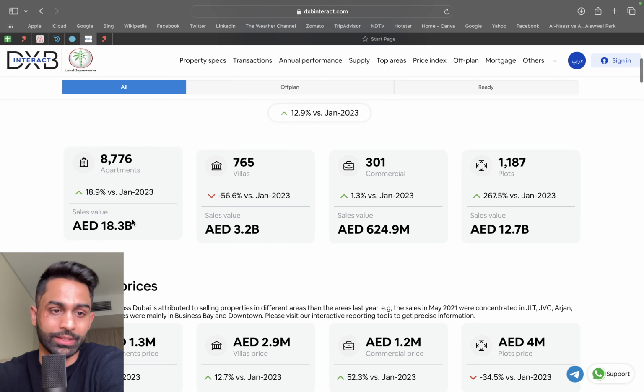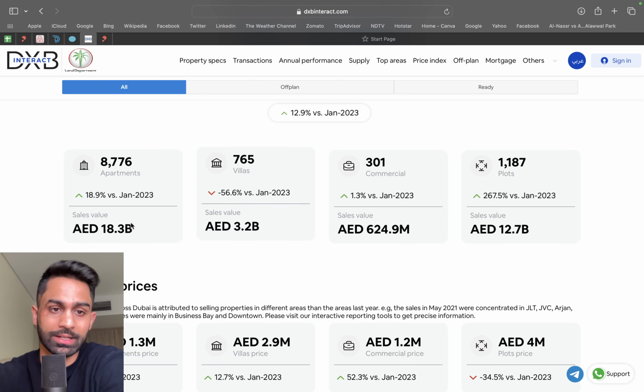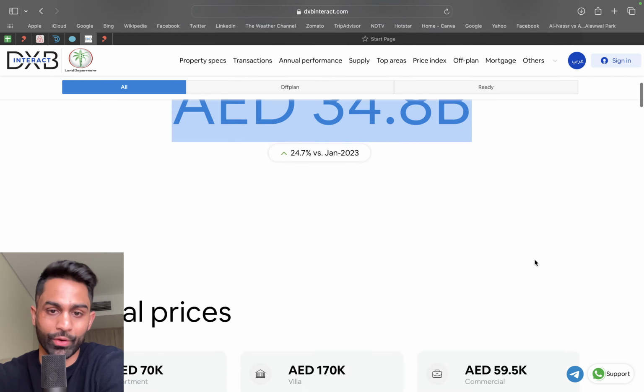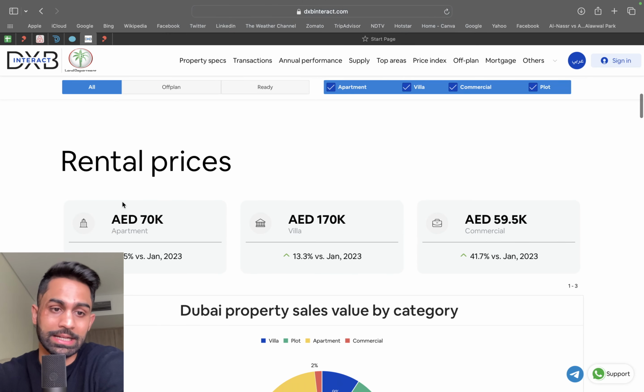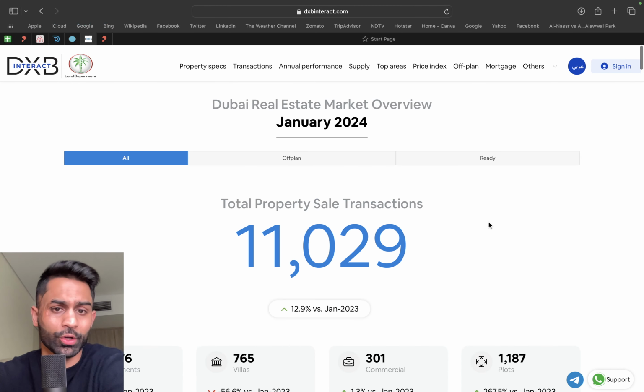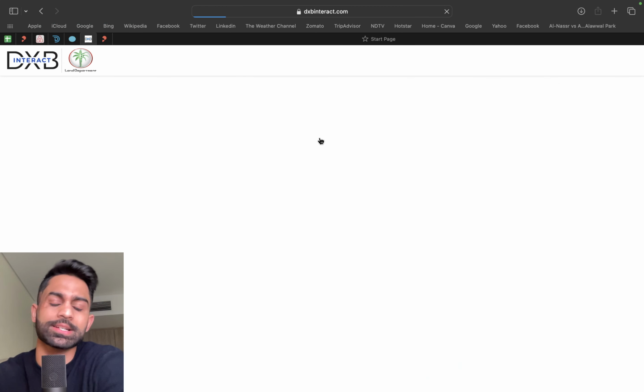Of those, this right here is the sales value, 18.3 billion dirhams. And this is villas, apartments, commercial properties and plots, with a total sales volume of almost 35 billion. And this is apartment rents of 70,000, villas 170,000, commercials almost 60,000. It gives you a good overview, a good idea of the entire market here.